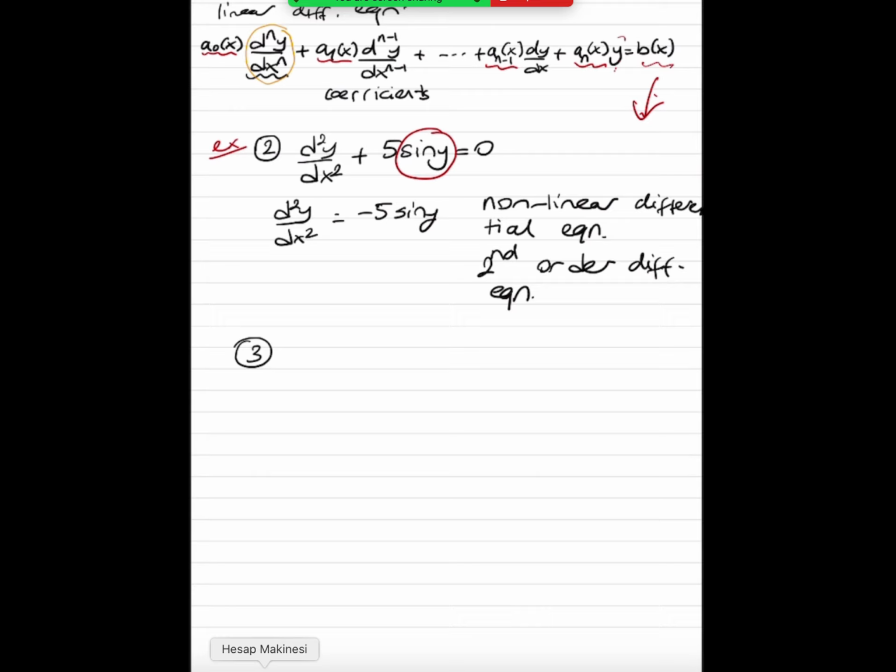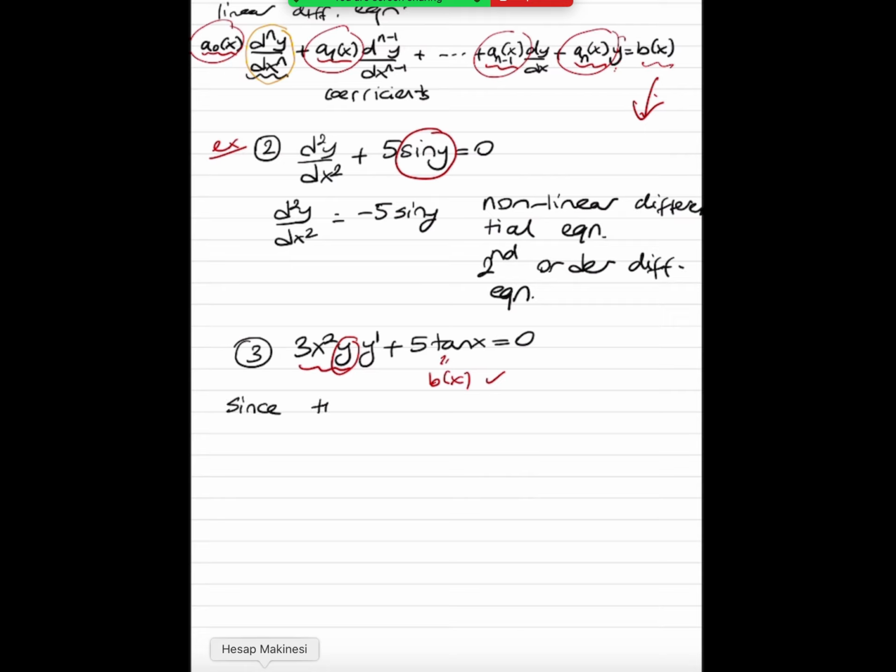Let's keep giving examples. For example, let's look at this one: 3x squared y prime plus 5 tangent x is equal to 0. Here we don't have a problem with b(x), okay, but we have a problem here. If we think of this as the coefficient of a derivative, we look at the coefficients, and they should depend only on x.